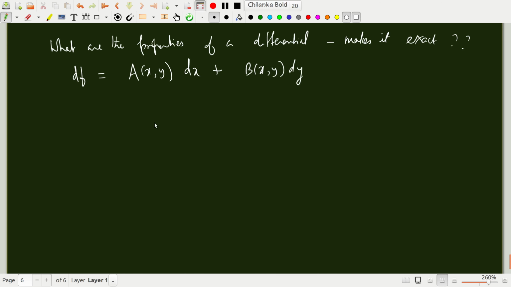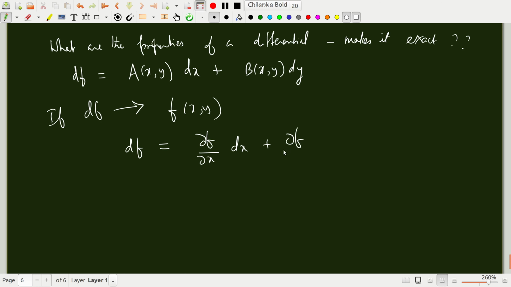If df is obtained from a function f of xy, then the total differential of that function is partial f by partial x dx plus partial f by partial y dy. Comparing the two equations, partial f by partial x corresponds to a of xy, and partial f by partial y corresponds to b of xy.